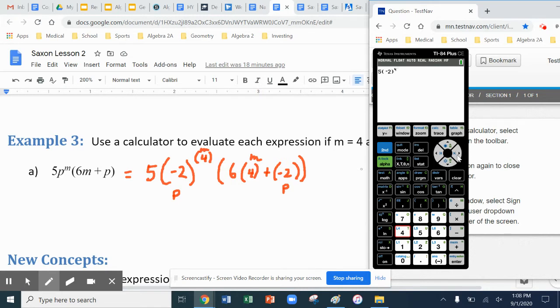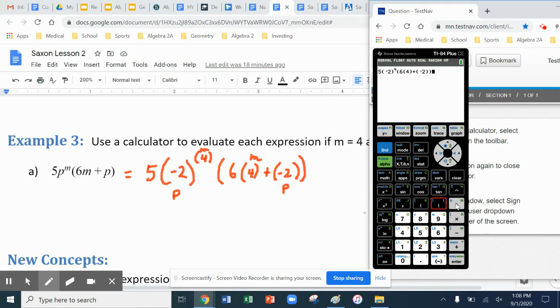Now we're up in the exponent. To get out of that exponent, you have to arrow over. We'll open up another set of parentheses. So now I'm right here, open up parentheses, I'm going to go 6. Open up another set of parentheses for my value of 4, plus parentheses for my value of -2, and then I'm going to close off the parentheses around the outside of the 6 and the rest of that expression.